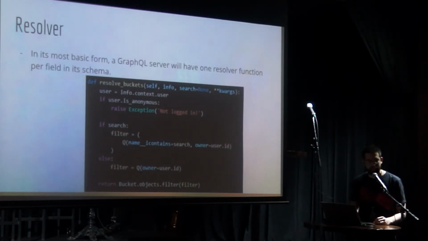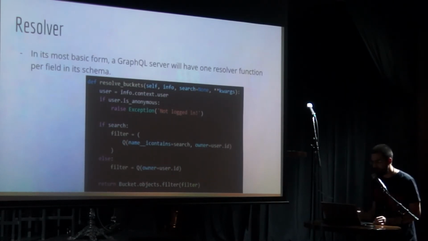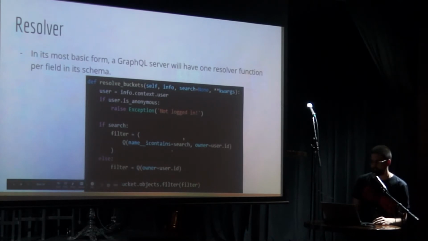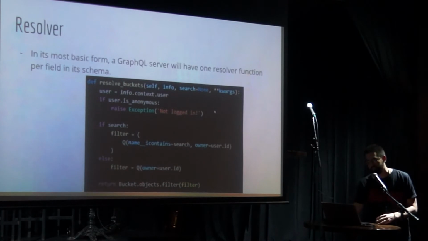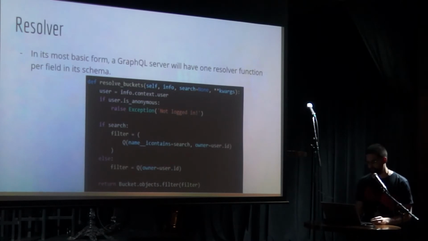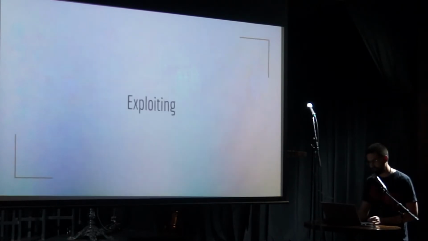If it receives a variable called search, filter the buckets using this variable. If not, just return the buckets related to that user ID. And at the end, you see one of the most sensitive things of GraphQL, which is I'm returning the whole bucket object that was filtered. Okay, you'll see later why this is important.